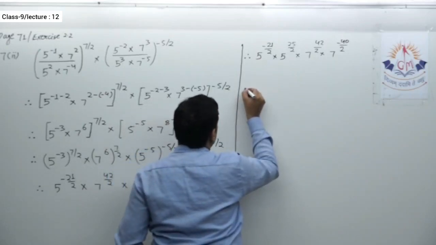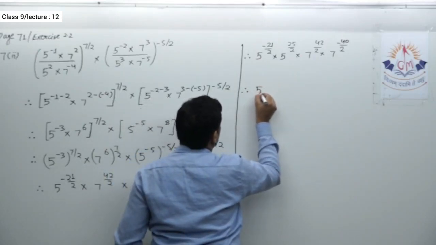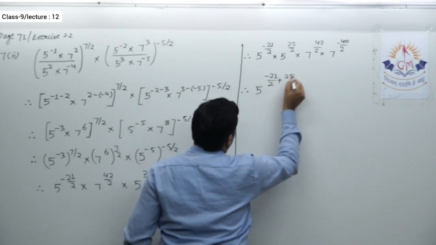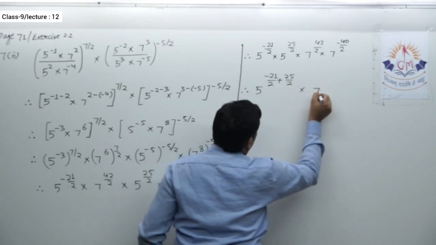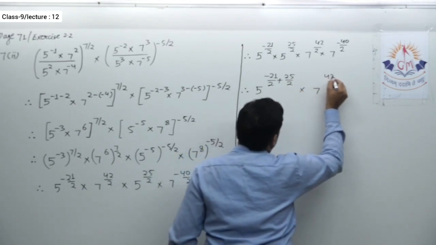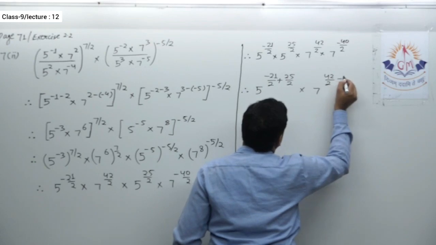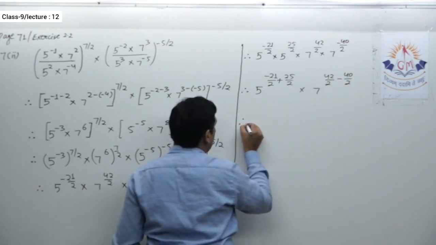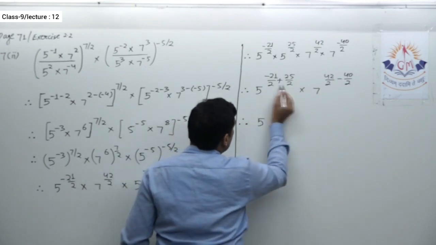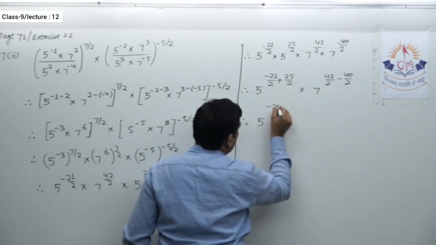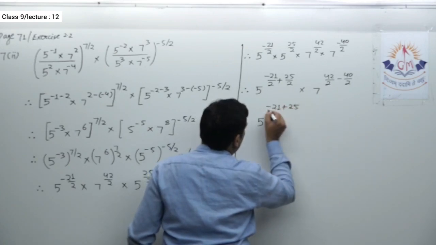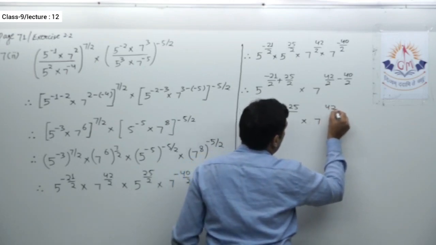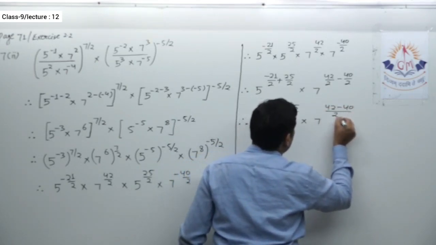So over here I can write, therefore, 5 raised to minus 21 by 2 plus 25 by 2 multiplied by 7 raised to 42 by 2 minus 40 by 2. Now next, here I can take the LCM, so this will become 5 raised to minus 21 plus 25 by 2 multiplied by 7 raised to 42 minus 40 by 2.